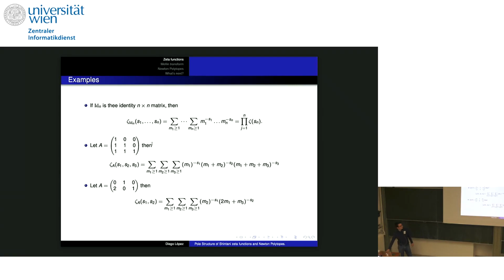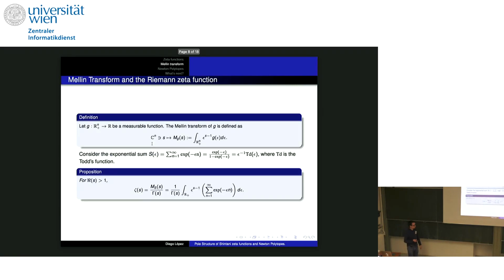Okay, so to talk about the meromorphic continuation of those Shintani zeta functions, I will briefly recall what the Mellin transform is. Given a measurable function from R^n to R, the Mellin transform is defined as this integral here. The domain of convergence of this integral depends on the function g.